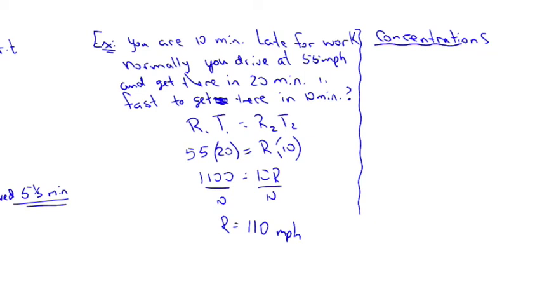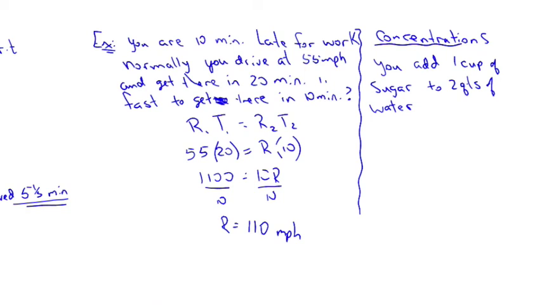So let's talk about you add 1 cup of sugar to 2 quarts of water. Why would I add 1 cup of sugar to 2 quarts of water? Kool-Aid. So I'm going to make Kool-Aid.